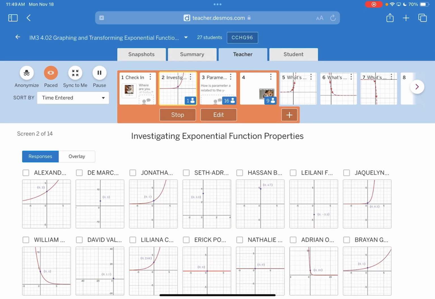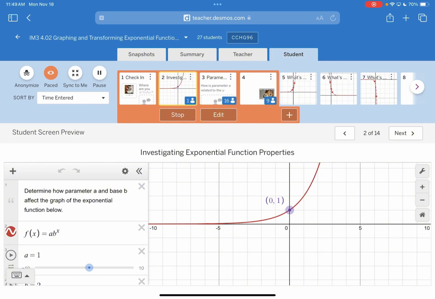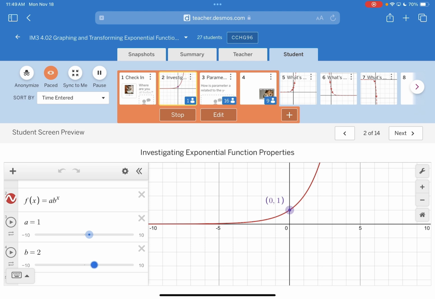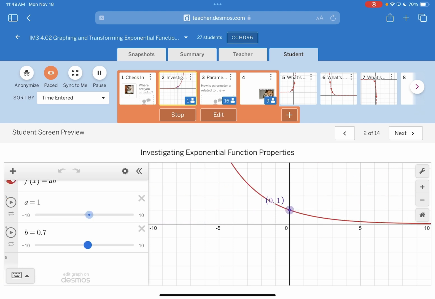Let's take a look. If I make parameter B a fraction between 0 and 1, let's say 0.6, what happens to the graph is it flips, right? Instead of increasing, now it is decreasing.